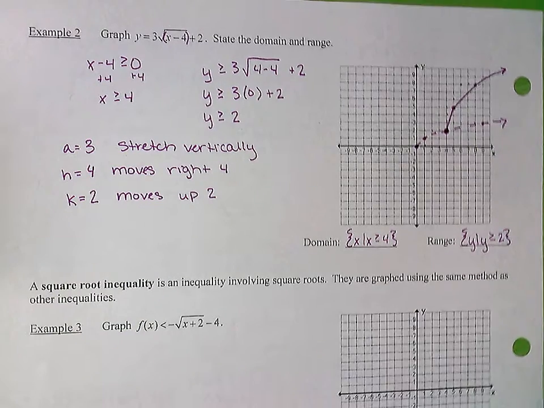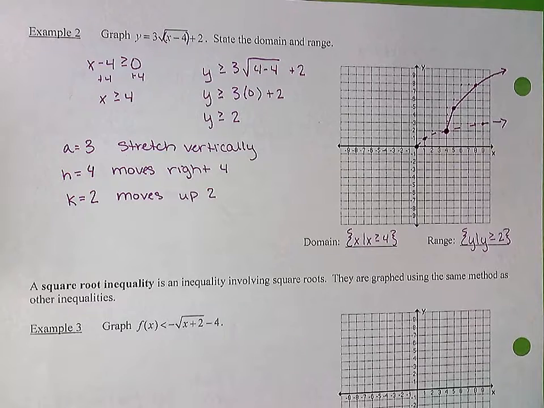So, when you're graphing a square root function, the parent function is always going to go up 1, right 1, up 1, right 3, up 1, right 5, up 1, right 7. Do you see the pattern?